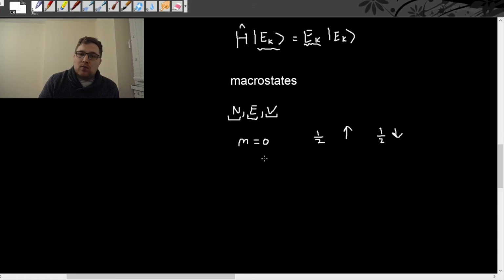Previously, when we talked about all of the microstates, we had 2 to the N choices of microstates, but if we then restricted ourselves to a magnetization of 0, what we would find is instead we have N choose N over 2 microstates. And what we see here is that this is a significant reduction for our finite dimensional set of microstates.